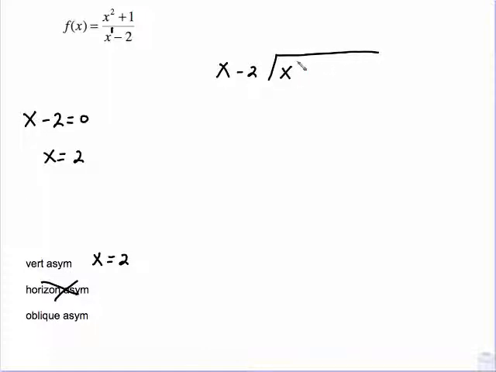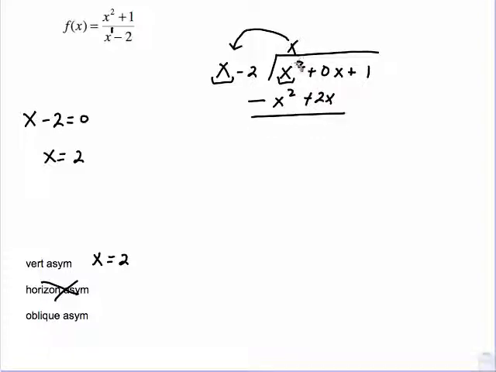With x squared plus 1, I need to supply a placeholder here, so I put plus 0x plus 1, and I start my division. X goes into x squared x times. Come back and multiply x times that whole thing is x squared minus 2x. Draw the line, change the signs, which makes the x squareds go away. 0x plus 2x is 2x. Bring down the 1 and begin again.